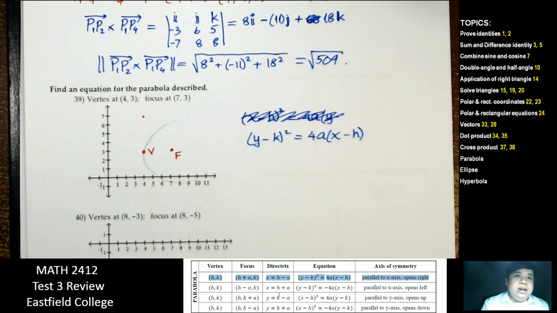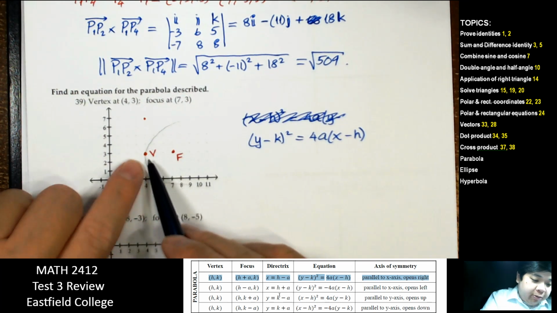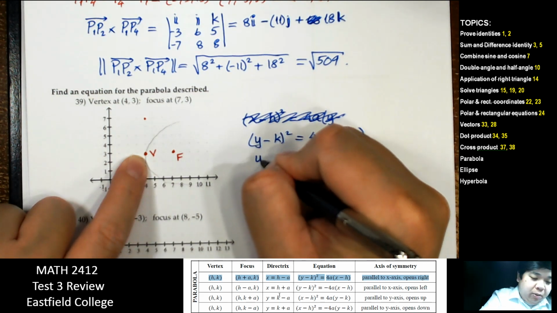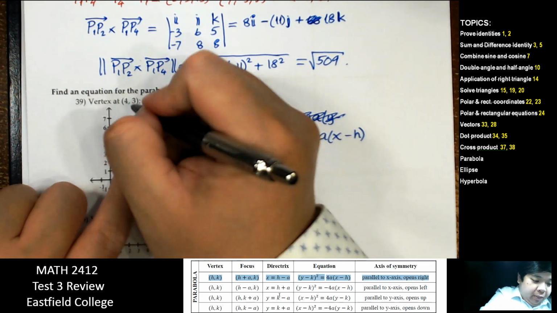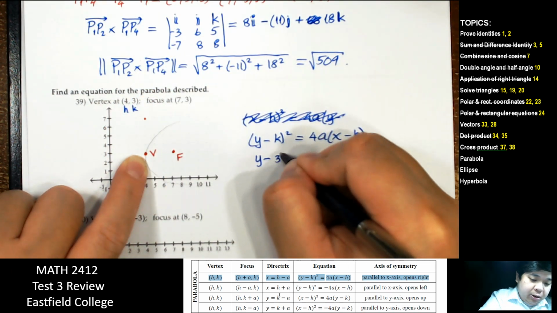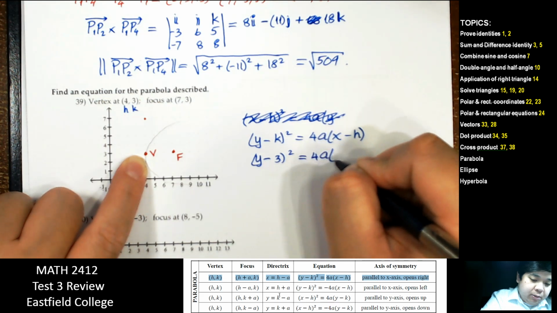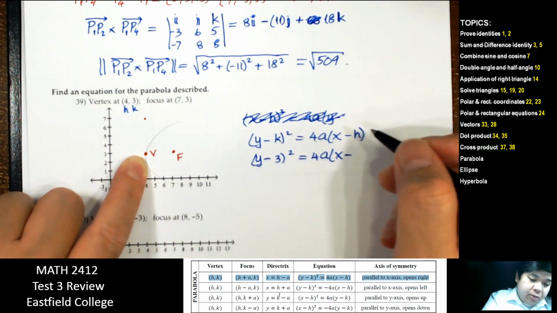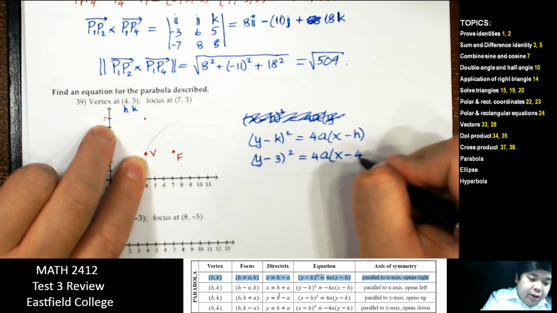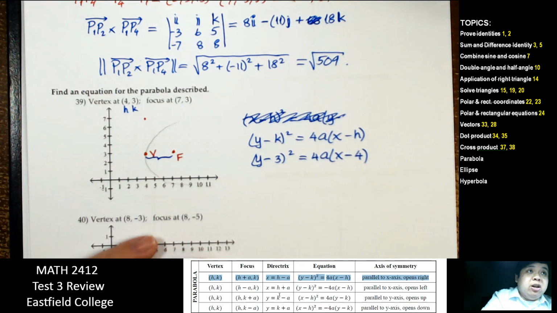So look at the first one here. Right. Now we know, put h and k here, so we have y, which is h, that is k. And then a is the distance between the vertex and the focus.